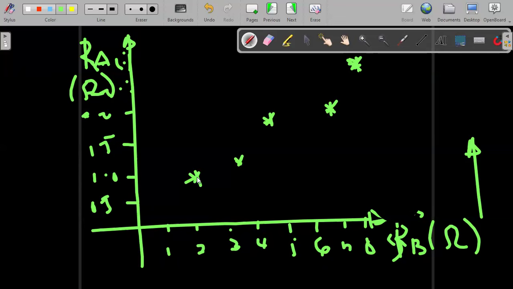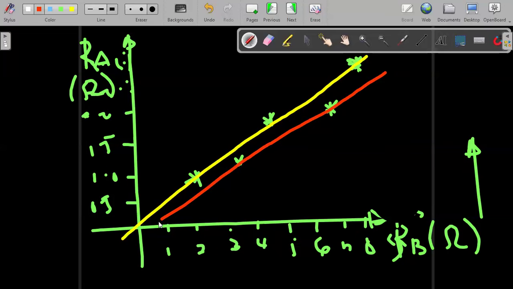After plotting these points, you have to look for the line of best fit. What do I mean by line of best fit? For instance, if I rule this straight line, I will have 3 points. If I rule this one, I will have 2 points. Are you getting it? So the line that absorbs the most points is the line of best fit.